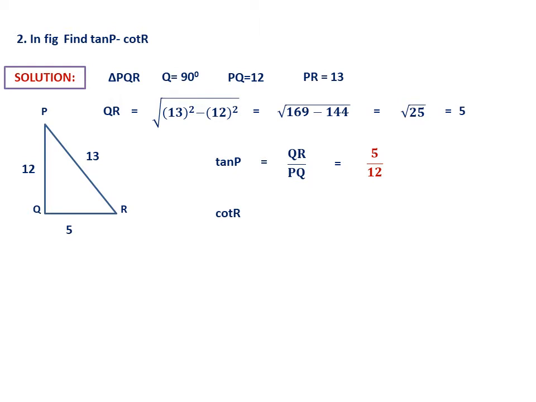Similarly, cot R. R is the angle, its adjacent side is once again QR by PQ, that is also same 5 by 12. Therefore now tan P minus cot R equal to 5 by 12 minus 5 by 12, which is 0. So this is also an interesting relation. We are going to study this also in the property. This is the second question.